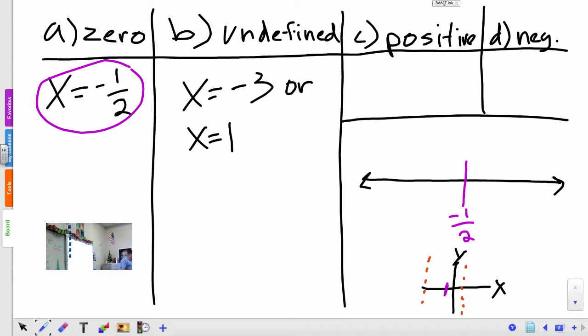So what I need to do is pick out a number greater than -1/2. Now here's the other thing too. Because there are vertical asymptotes, there's a drastic change at where the function is undefined. So we also have to address this issue at -3 and at 1. Because remember, on the rational functions, sometimes we get this funny business where it comes down this way and comes down this way because the function can't cross those vertical asymptotes.